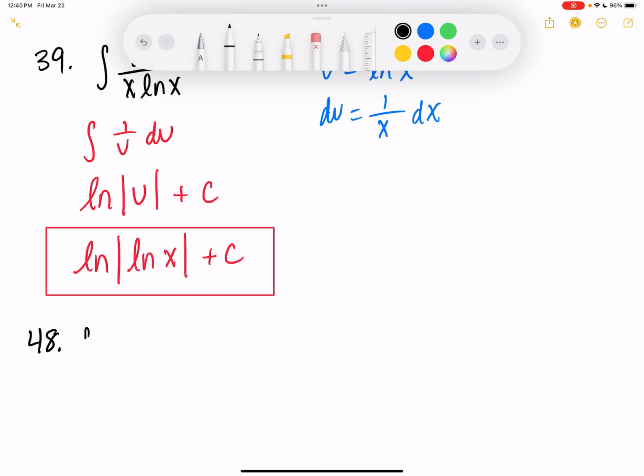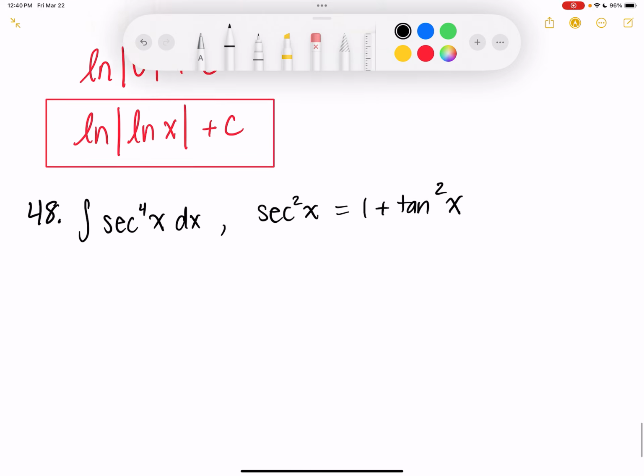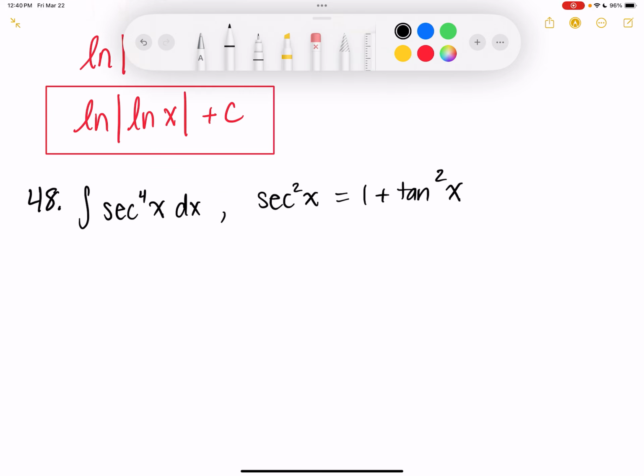48, we've got the integral of secant to the fourth of x dx, and we're told that secant squared of x is equal to 1 plus tangent squared of x. So what I'm looking for here is things that I can rewrite, because do we know directly the antiderivative of secant to the fourth of x?